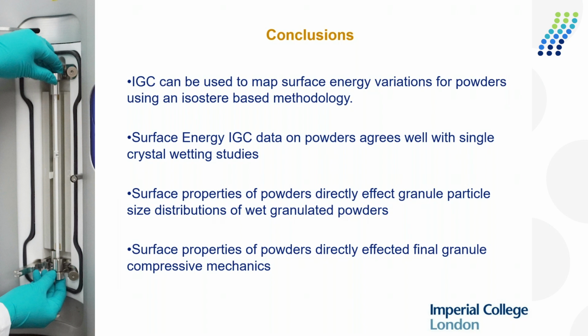The surface properties of powders directly affect granule particle size distributions, and directly affect final granule compressive mechanics, particularly Young's modulus. So you can see that for particles that are otherwise the same, the surface chemistry can affect the strength and the size of granules made by high shear wet granulation.